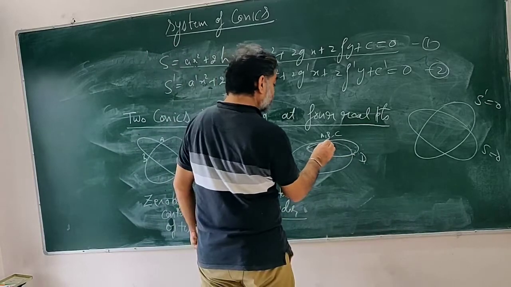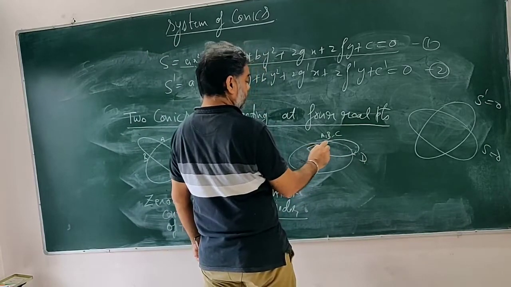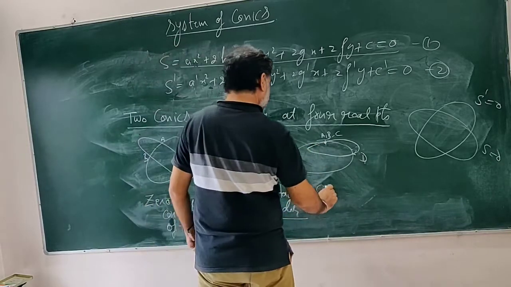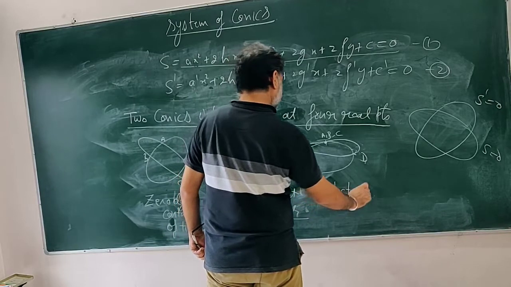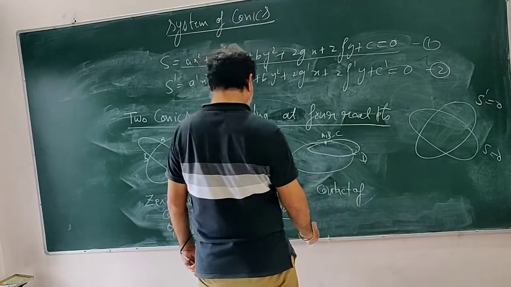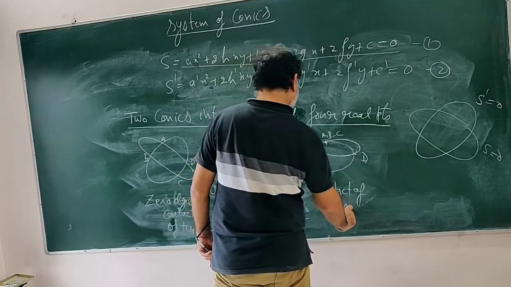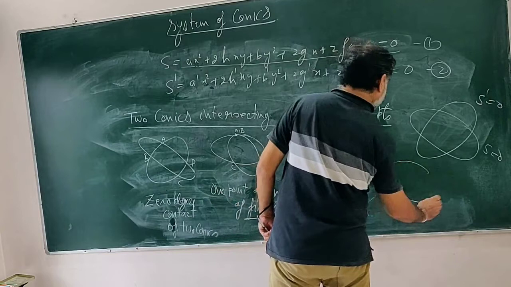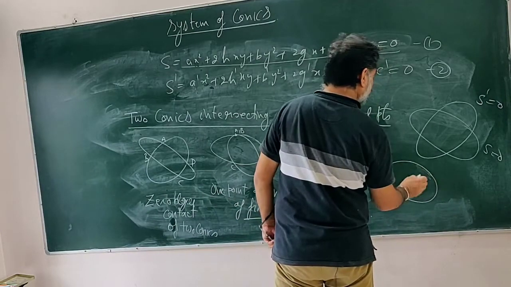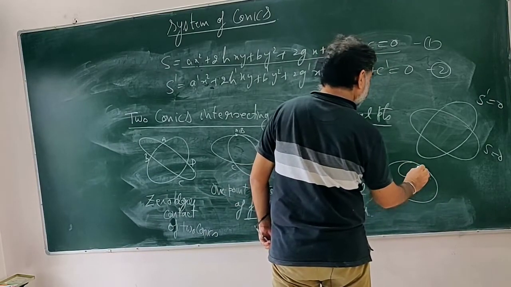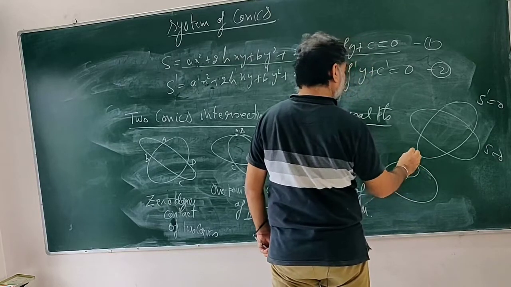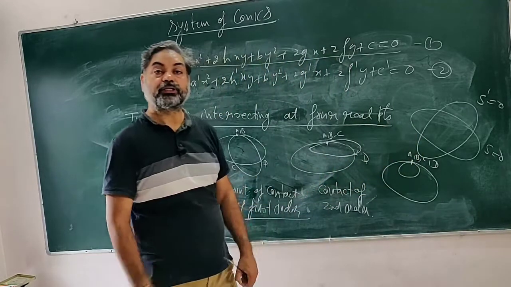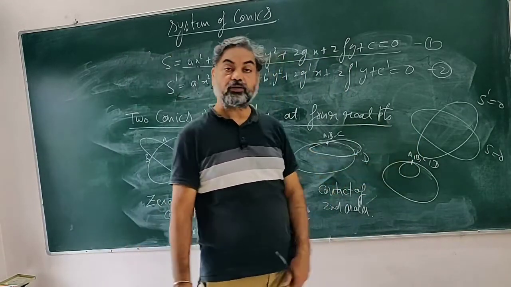So when all three points A, B and C coincide at only one point, then the contact is of second order. And this can also happen, that the two conics may meet like this, where all the points A, B, C and D coincide at only one point.